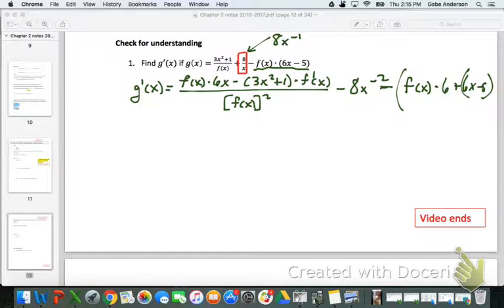It looks like I'm running out of room here. Let me try and make myself a little more room here. So 1d2, so that would be f of x times 6 plus 2, 6x minus 5. d1 would just be f prime. Squeeze in a parentheses there. Sorry, kind of ran out of room.